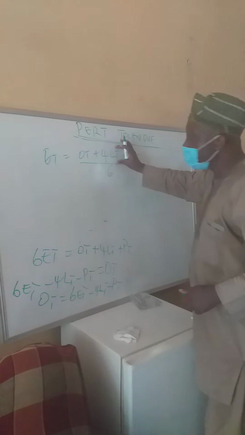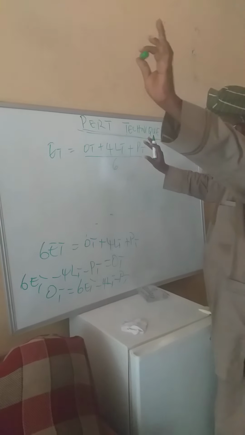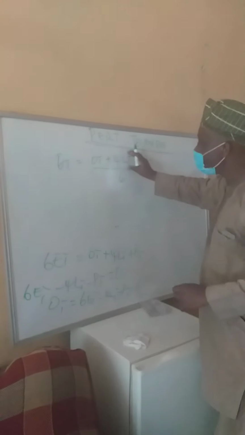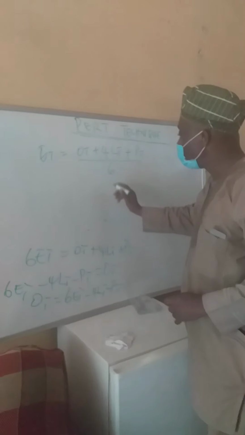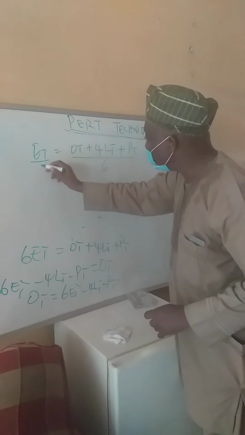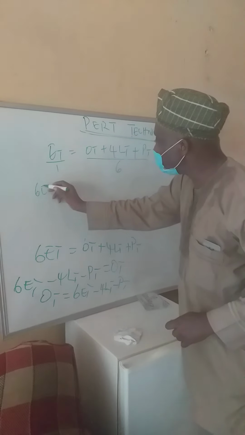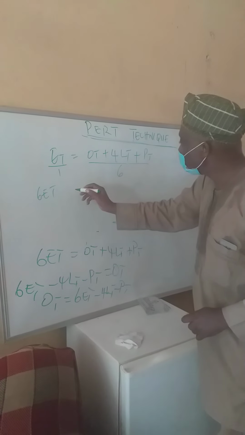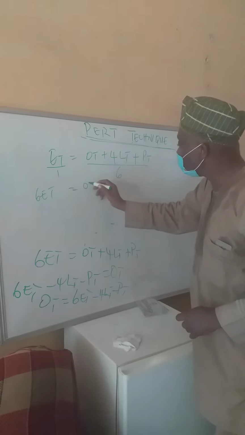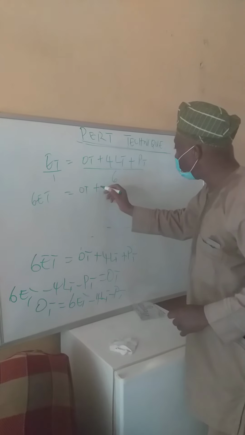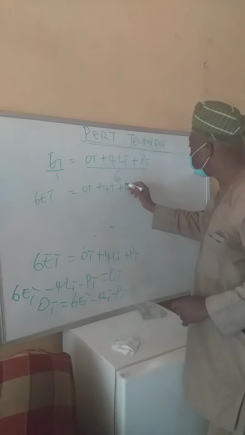We want to make LT the subject. So you cross multiply as usual. You have 6 ET is equal to OT plus 4 LT plus PT.